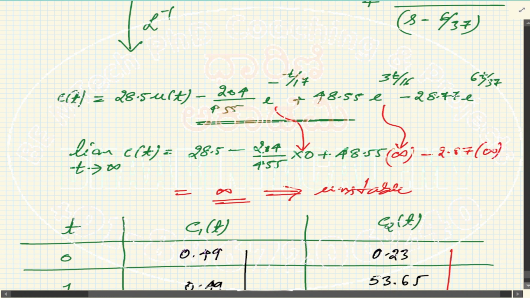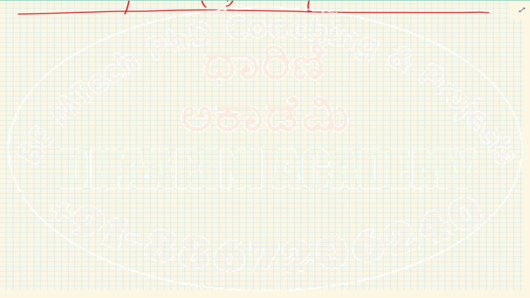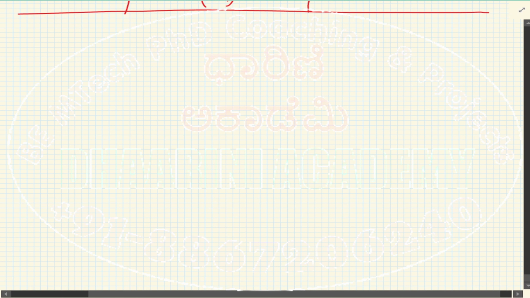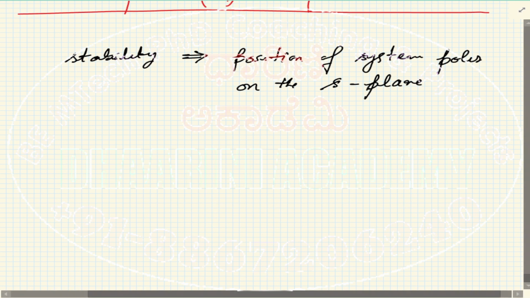So the point that we understand from this discussion, related to the stability of a given system, is that the system's stability can be directly interpreted by just looking at the position of the system poles on the S plane.